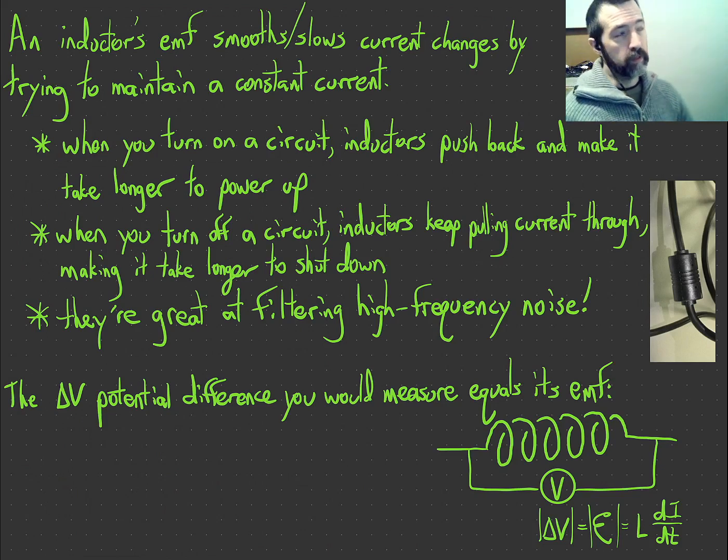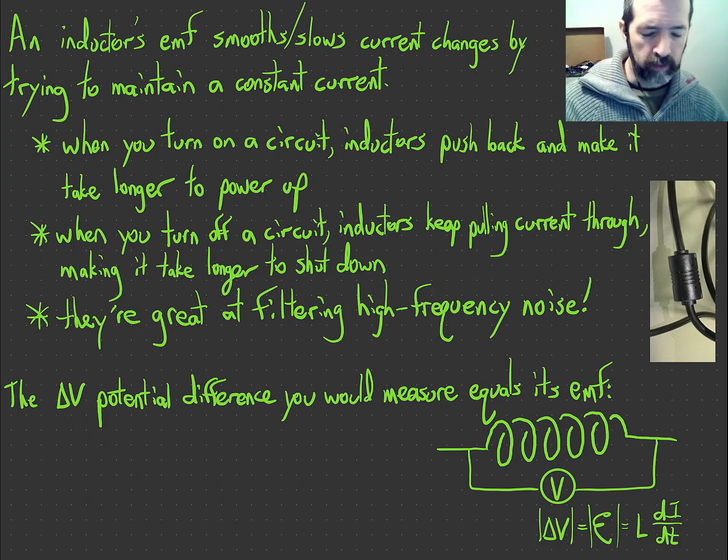Now, the inductor generates an EMF, right? That's the whole idea. EMF is measured in volts. So if you take a voltmeter and you connect it to either side of an inductor, to either side of a coil, what you're going to measure, assuming that the coil has no resistance, assuming it's an ideal inductor, the potential difference that you get is going to be equal to that EMF, and so it has this magnitude L di dt.